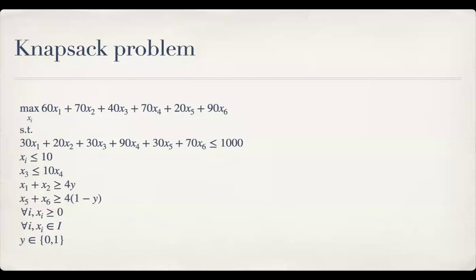And the fourth constraint is x1 plus x2 minus 4y greater than or equal to 0. And the last one, x5 plus x6 minus 4 times (1 minus y) is greater than or equal to 0. Okay, Ajahn, thank you.